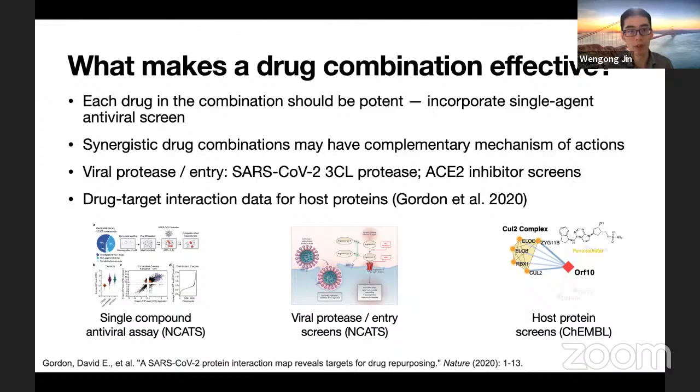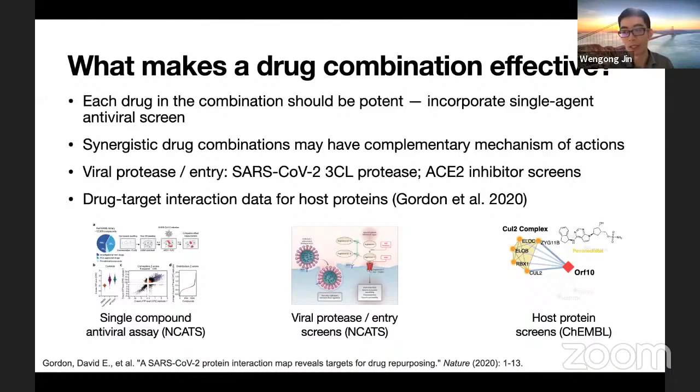But more importantly, there is this intuition that synergistic drug combinations may have complementary mechanisms of action. For example, in some of the HIV drug combinations, one drug targets the viral protease, and the other drug in the combination targets, say, the viral entry protein.